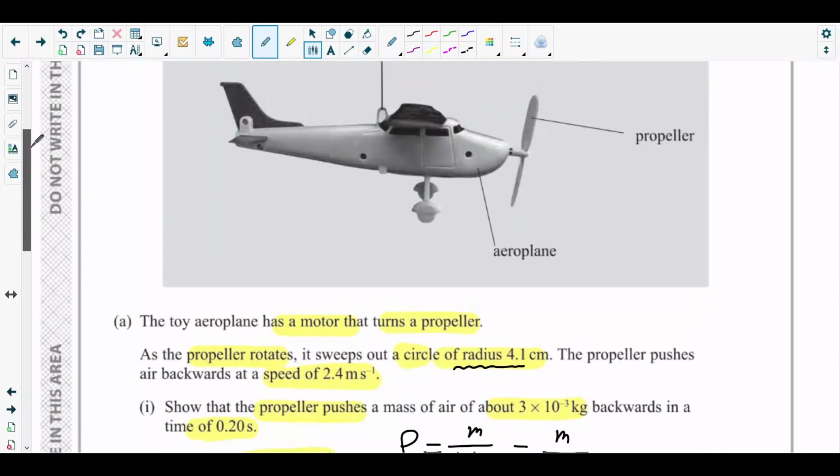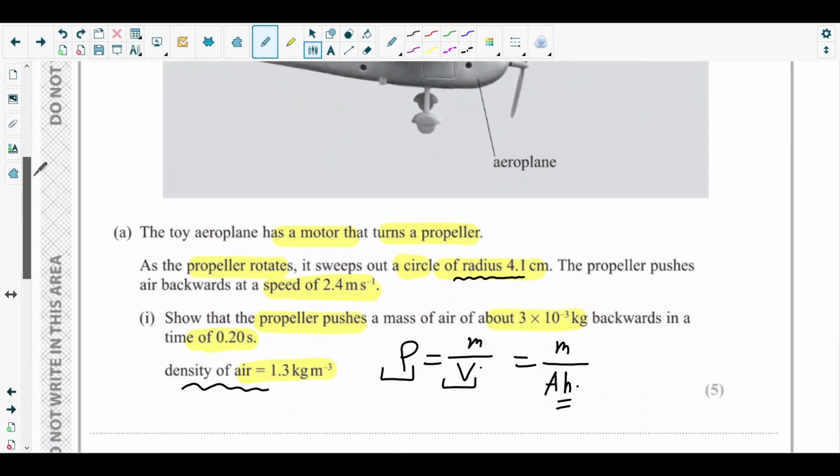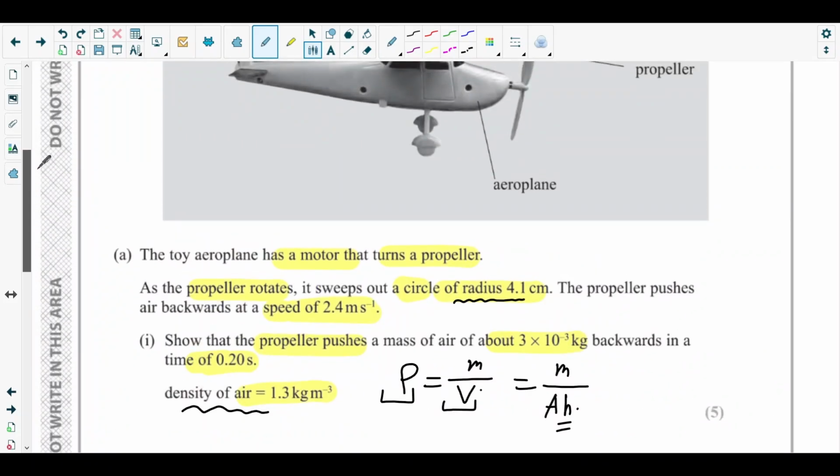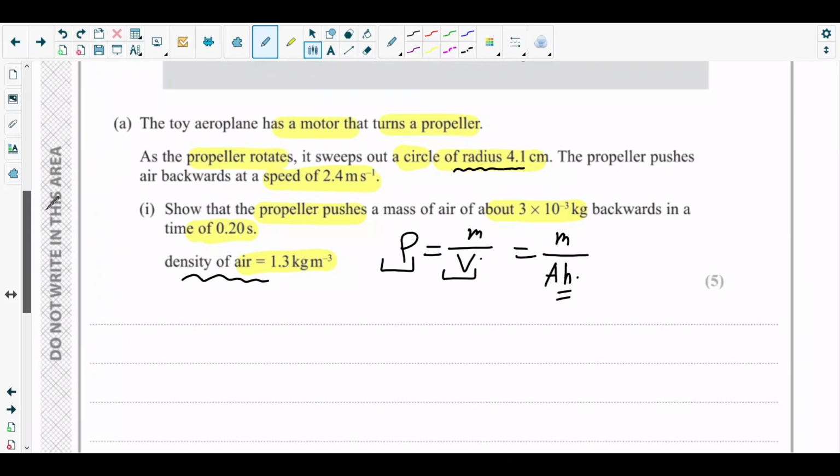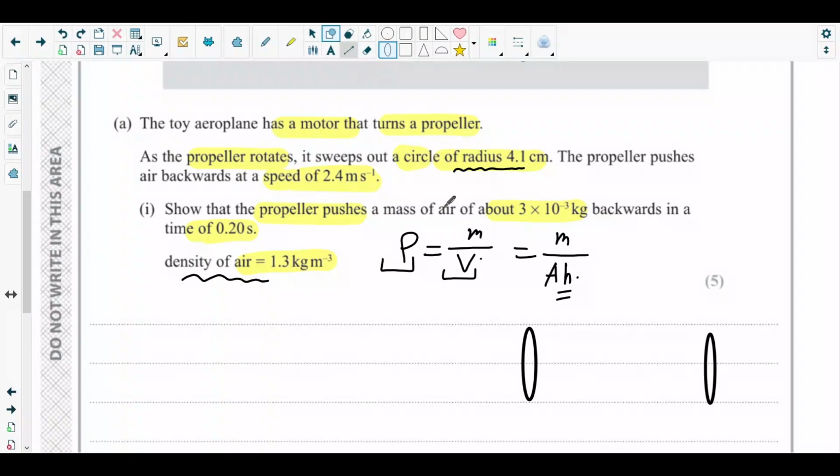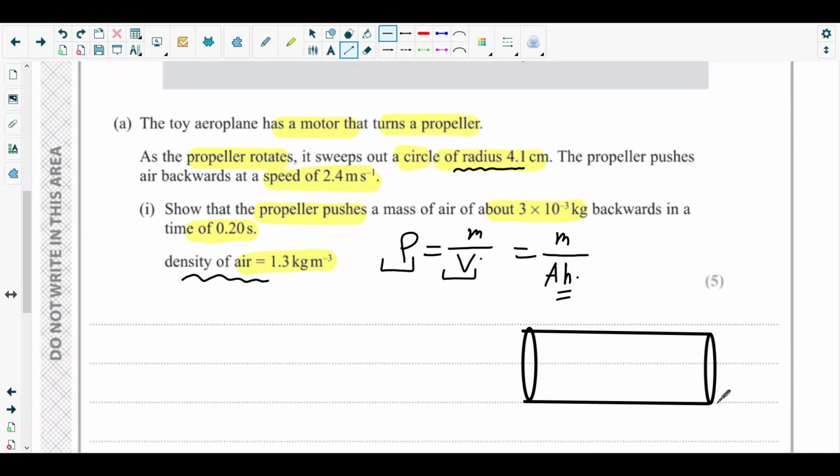The amount of air that the airplane is pushing in the backward direction can be compared with a cylinder like this. So now we will find the volume of this cylindrical region. They are asking in a time of 0.20 second.